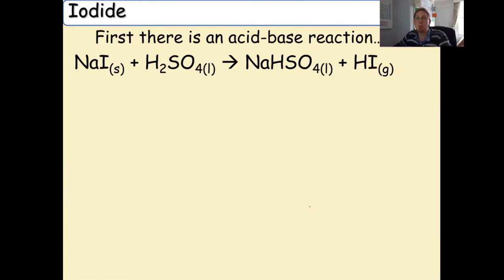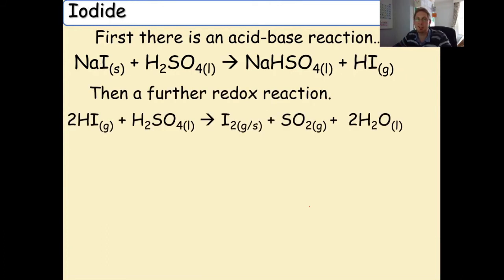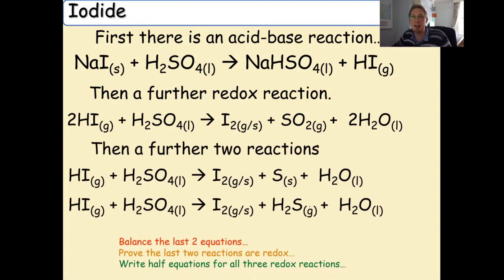With iodide it's even more exciting. You have that acid-base reaction at the start, then the redox reaction that we just saw with the bromine, but then you've got a further 2 reactions where you're generating both sulfur and hydrogen sulfide. And here it becomes a little bit easier to use oxidation numbers. On the left we can see this is -1 going up to 0, so that's +1, while the sulfur is going from +6 down to 0, so that is -6.